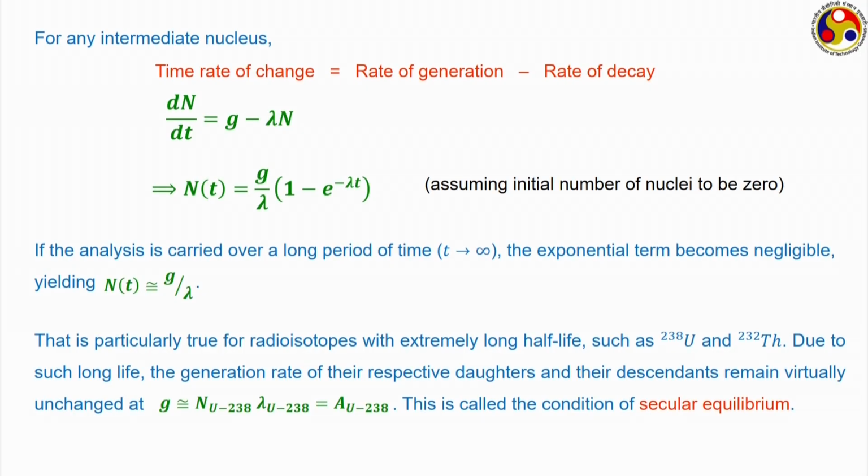Extremely long half life means extremely small value of lambda as well, and because of their such long life and slow rate of decay, their number of nucleus changes extremely slowly, and therefore, the generation rate of their respective daughters and descendants remains virtually constant, because the rate of generation of their daughters will be given as just the same as for this uranium 238, where N into lambda, lambda is a constant and N will change by very small amount over a reasonable period of time, and therefore, G will become equal to the activity of that U238 or whatever parent nucleus we are starting with.